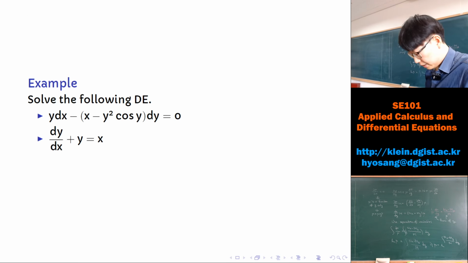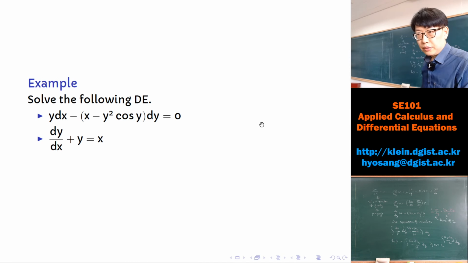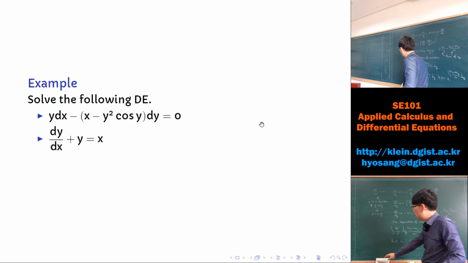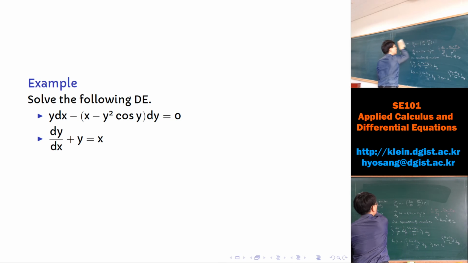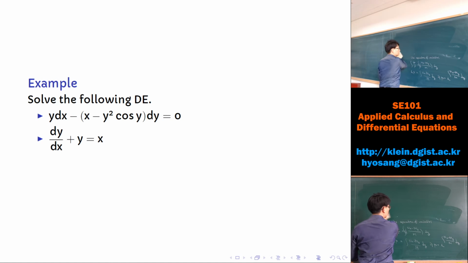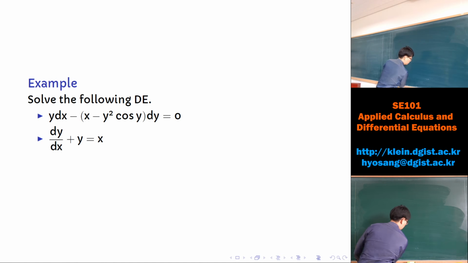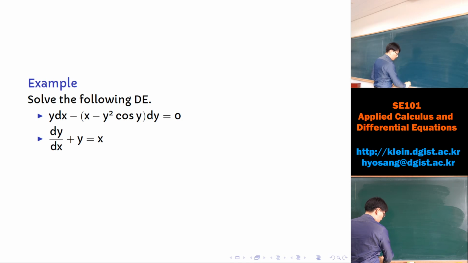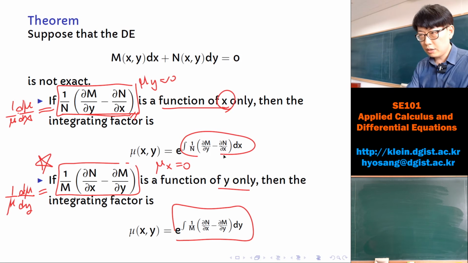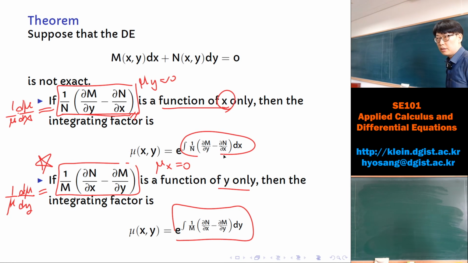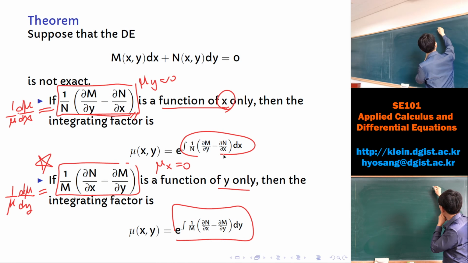So let's solve some examples here. Let's solve the first one. Since it could be confusing, just for now, let me rewrite that formula on the blackboard and then start the solution.